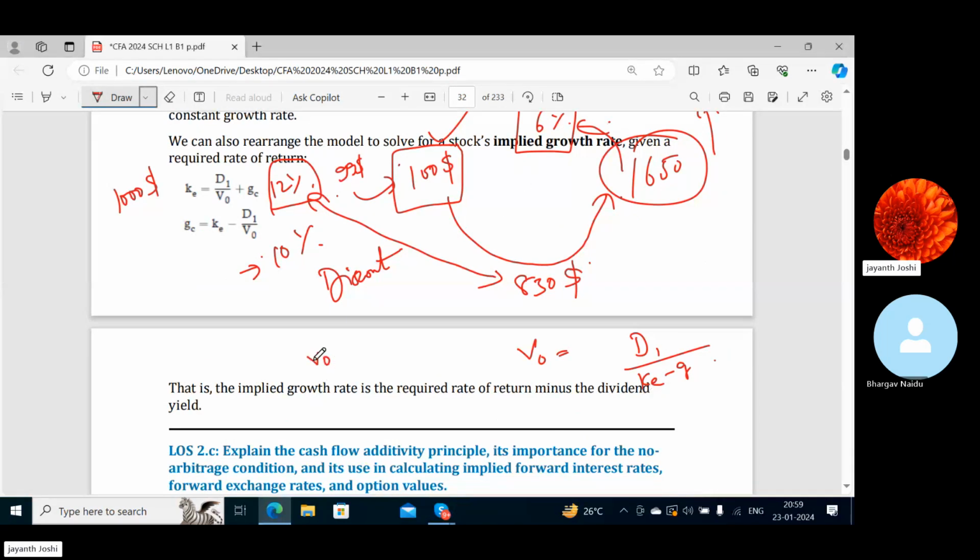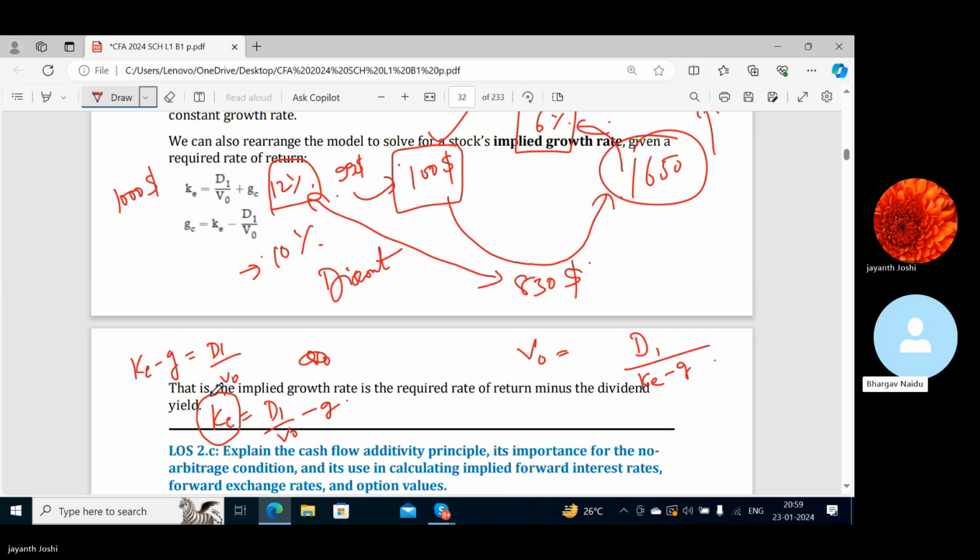So KE minus G is equal to D1 by V0, and KE is equal to D1 by V0 plus the growth factor G. That can give you the cost of equity, or the required rate of return from the equity, right?